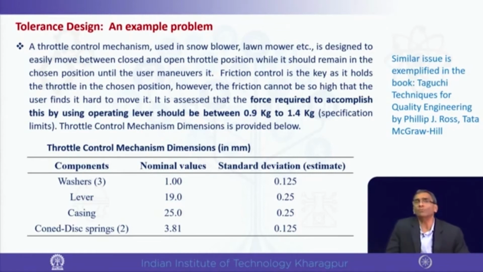So, here also that lever pressure is applied, and according to ergonomic convenience and the convenience of the best performance of the product, the minimum and maximum load level is set at 0.9 kg to 1.4 kg, and that is the specification therefore.